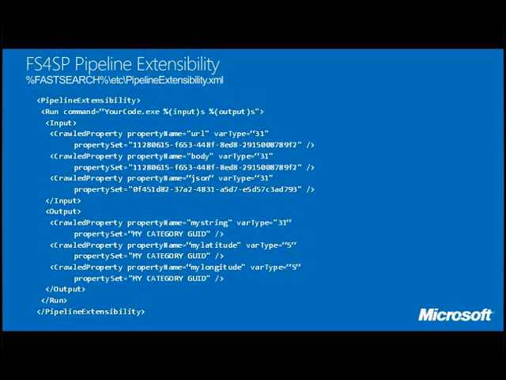On the output side, I've got my string, var type 31, my latitude, var type 5, my longitude, var type 5. Notice that I'm putting a placeholder here, my category GUID. You can create your own GUID so that your crawled properties don't collide with anybody else's. And in fact, that is what we do all the time.